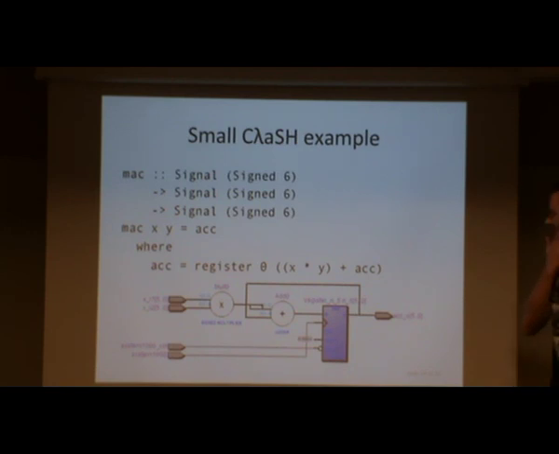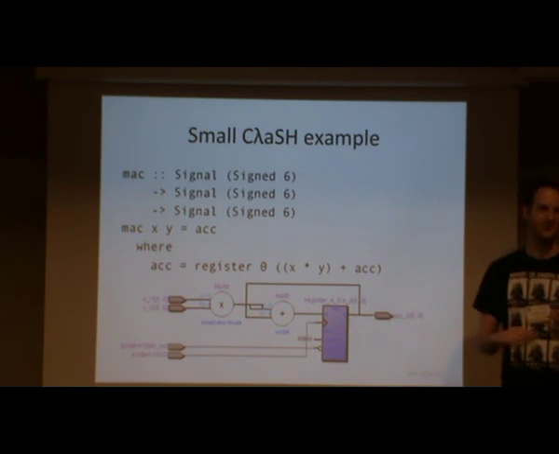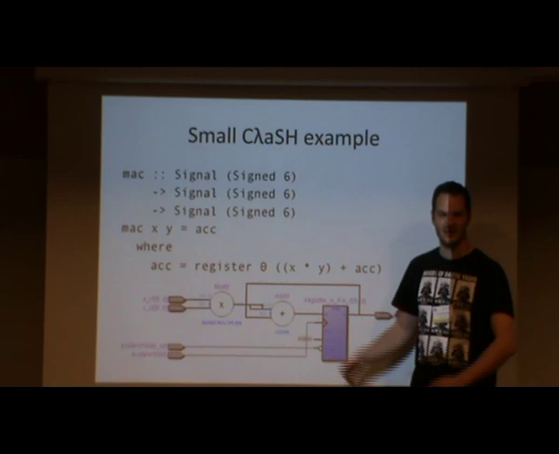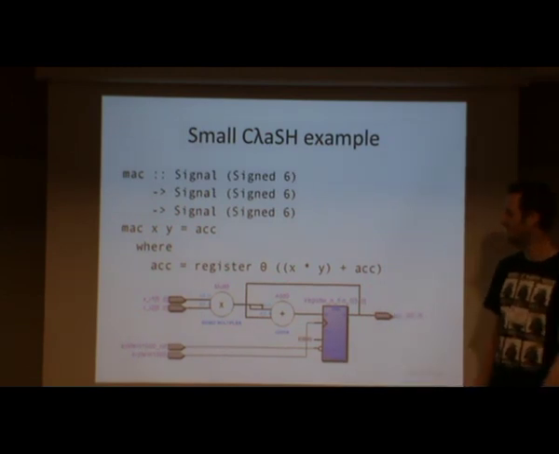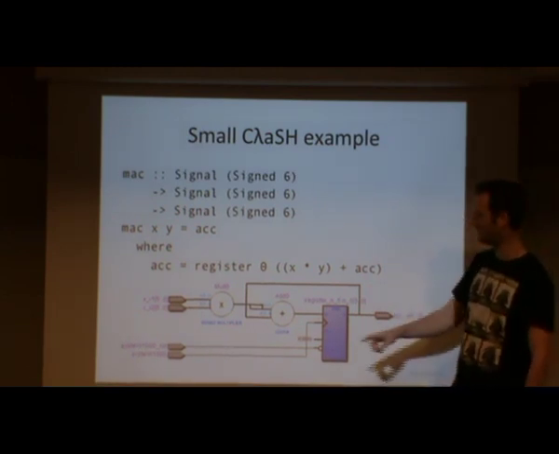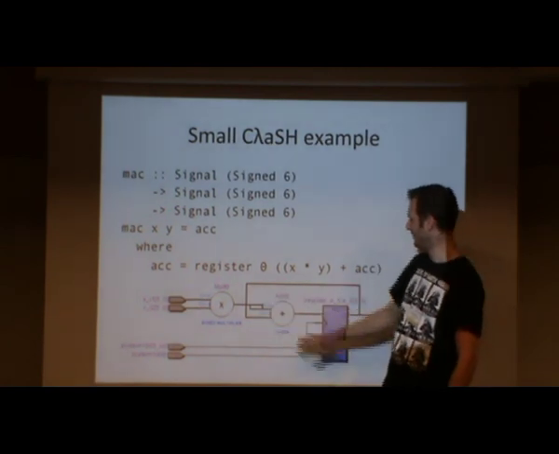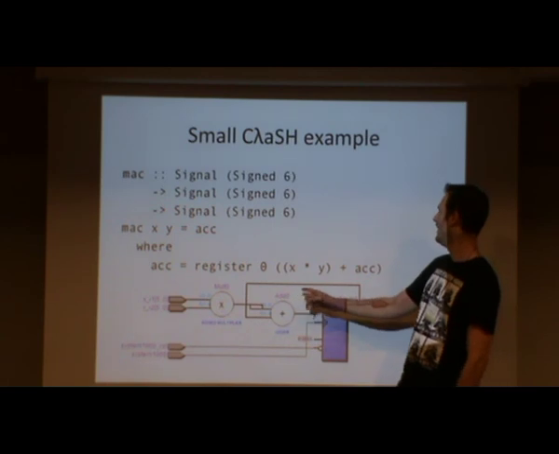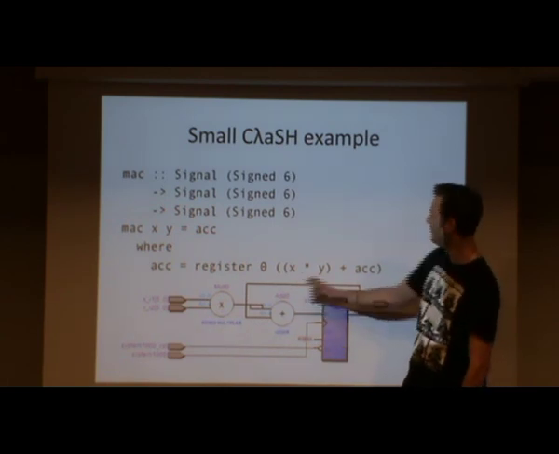A small example of CLaSH. If we want to model sequential circuits, we use what Lava has been using: streams or signals. For example, here we have a simple circuit that does multiplication and accumulates. We have this register, which will be translated to a register in hardware, and this feedback loop that you see here.